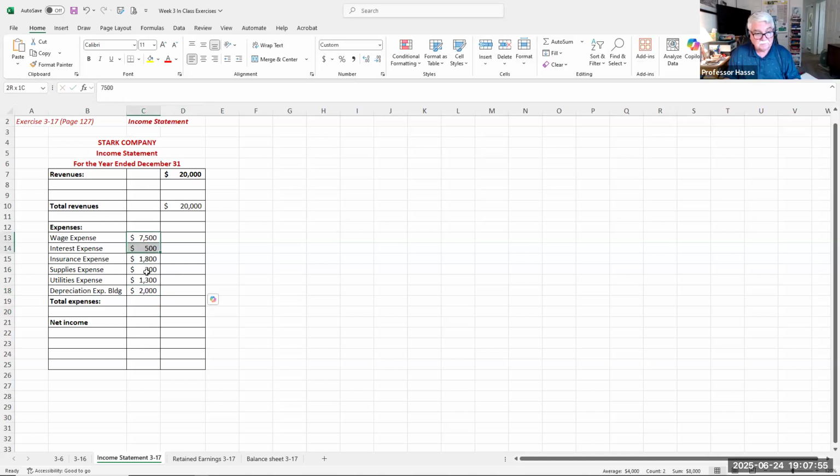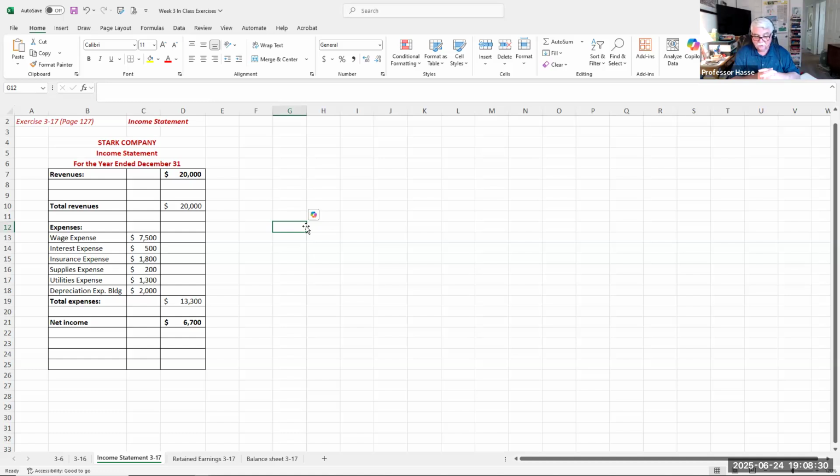Total all those up. $13,300 total expenses. Subtract expenses from revenue. We get a net income of $6,700. That's our income statement for the Stark Company. Notice I don't see any asset accounts.